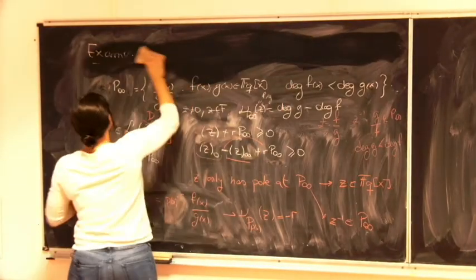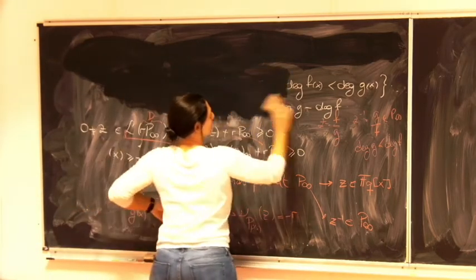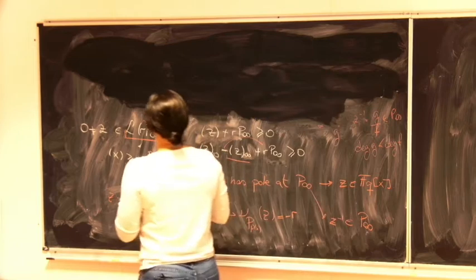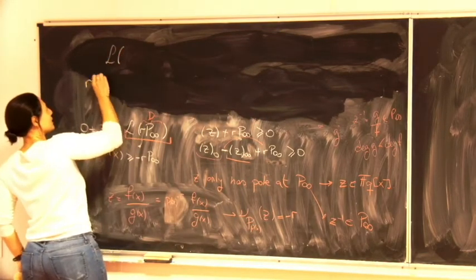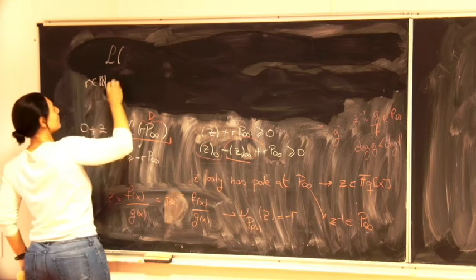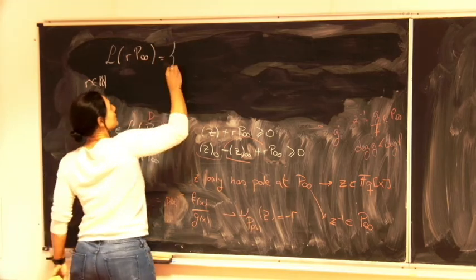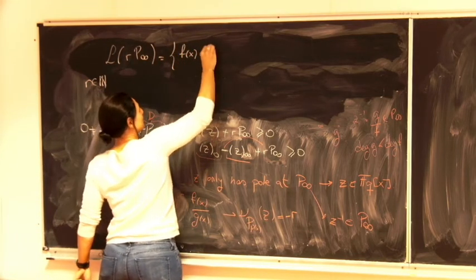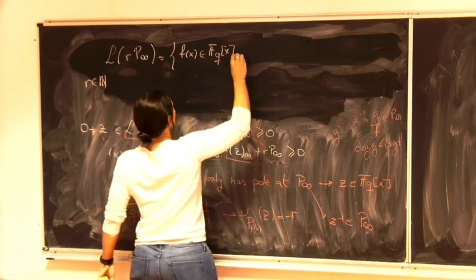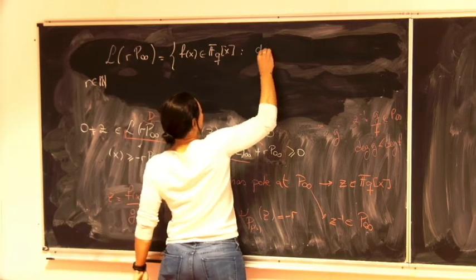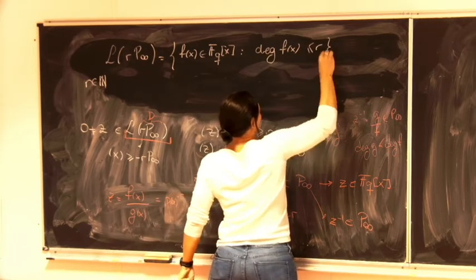We have proved with this example that for a natural number R, L of R P infinity is the set of polynomials F such that the degree of F is less or equal than R.